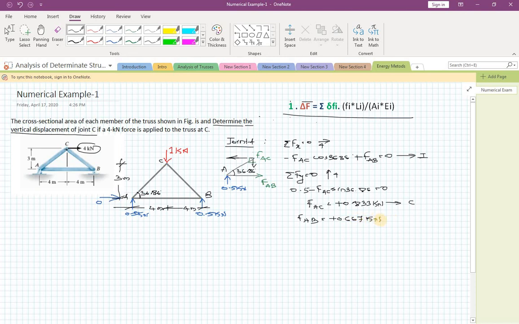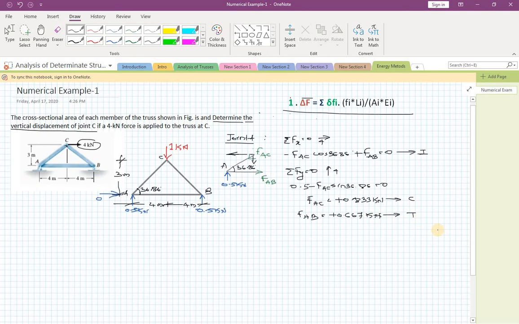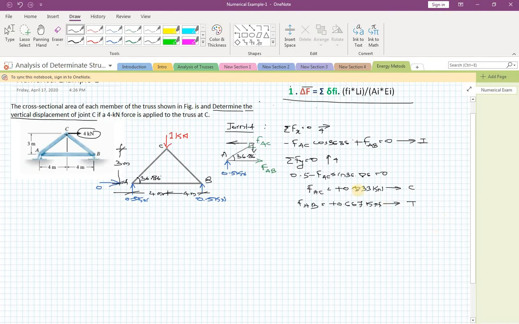Here also I'm getting FAB positive. It means I had assumed tension, so it is a tensile force. So this is how I can get the force in the member by using the method of joints.